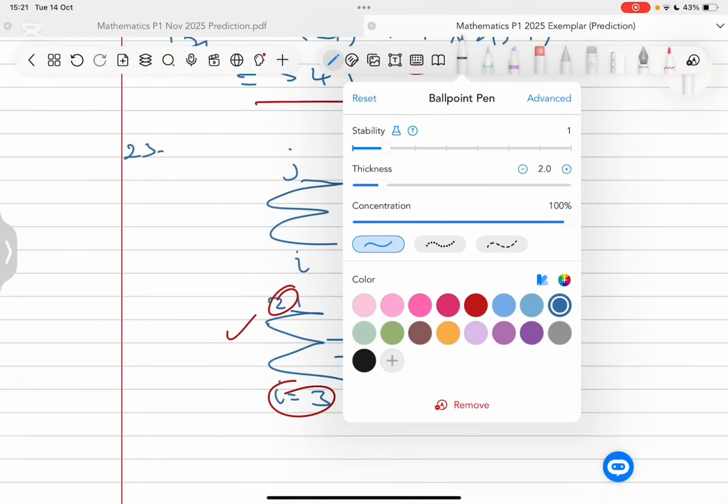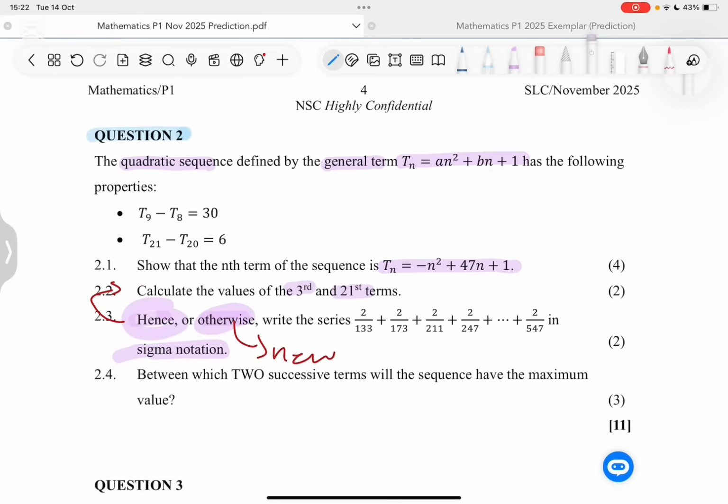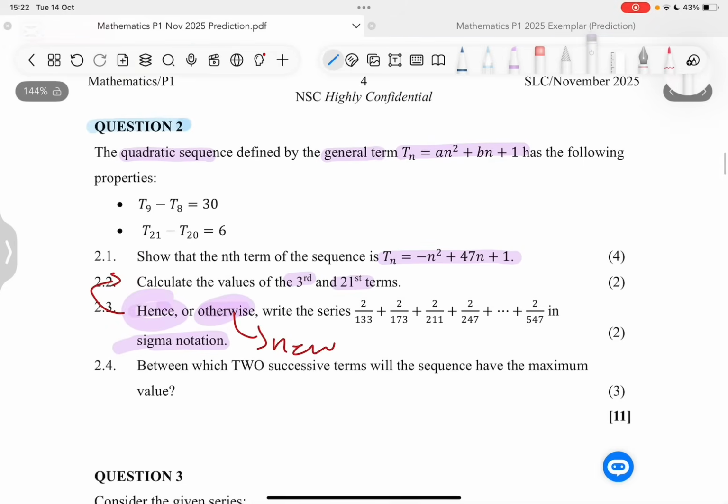Now going to the next question, we are required here to answer question 2.4 that says, between which 2 successive terms will the sequence have the maximum value? Now, if you look at this question, we are being asked about the sequence.